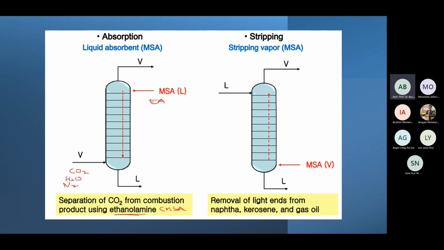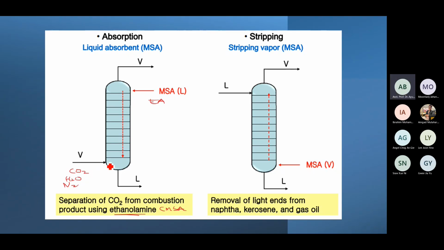A few other examples of the MSA in absorption unit. For example, here separation of CO2 from combustion product using the EA, ethanol amine. Combustion product: CO2, H2O, and N2. So you want to remove CO2 only.